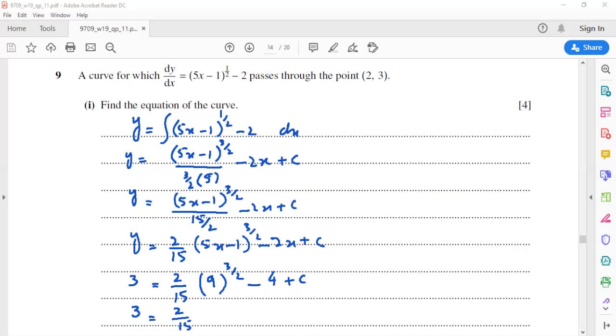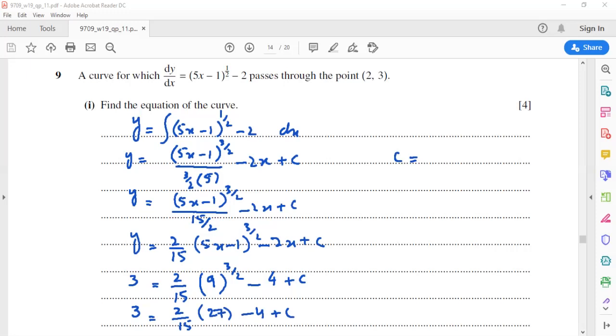It's going to be 27, I think. 27 minus 4 plus c. So for finding the value of c, we'll shift this and this to the other side.